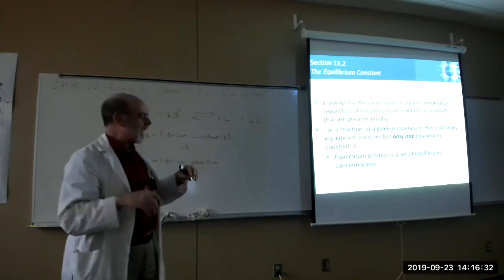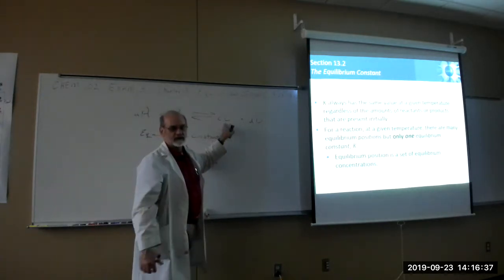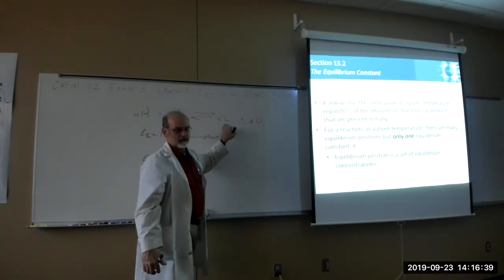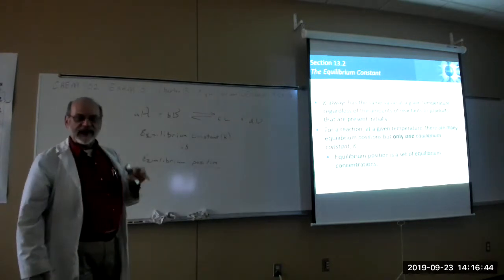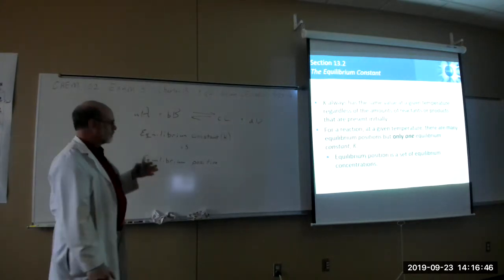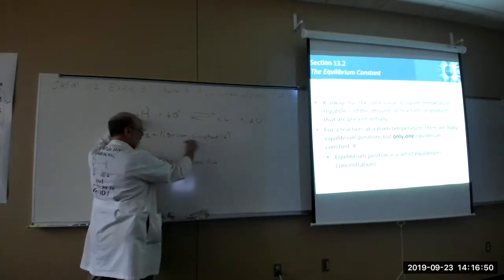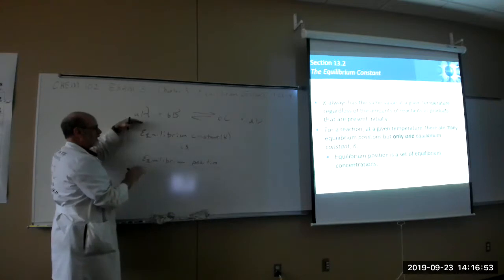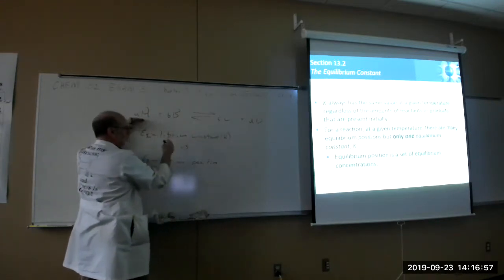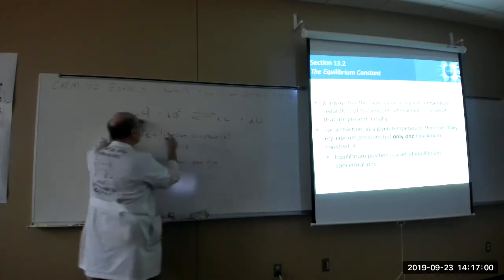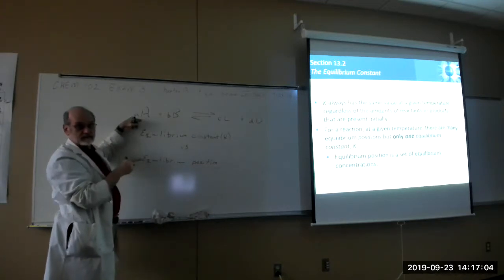In other words, if we add a reactant, only part of it is converted to the product, not all of it. So that gives us a new position, which means that we will have the same equilibrium constant at work, but if we add A and only convert part of it over here, that gives us new concentrations here and a new concentration here because we didn't use all of it.